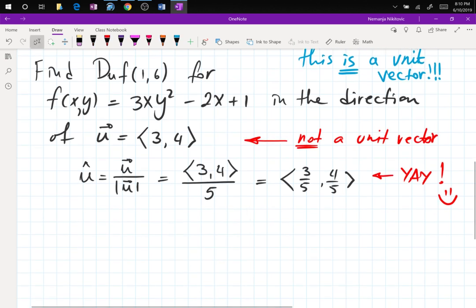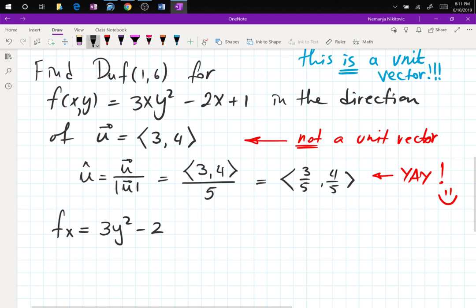Now you can go and find your partial derivative fx. Fx is going to be 3y squared minus 2. Now that's fx. What I need in the formula is fx calculated at (a, b), and (a, b), as you can see, is (1, 6).